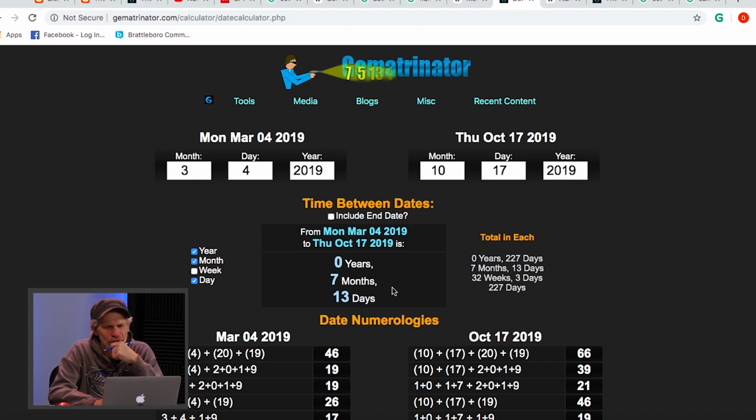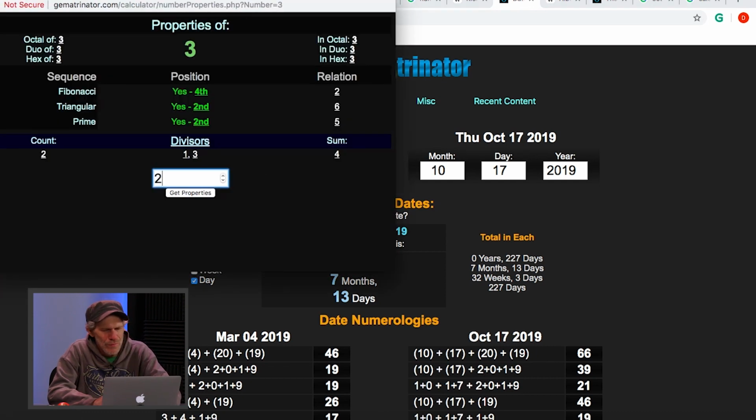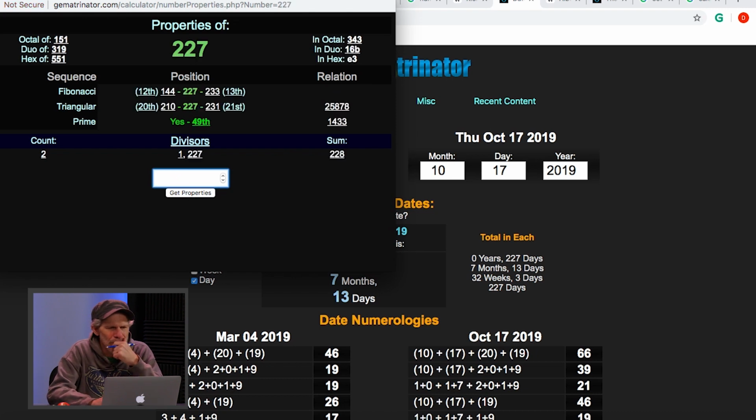And 227, if you divide 22 by 7, you get 3.14. So the approximation of pi all has to do with circles and cycles and everything. 227 is also the 49th prime number.